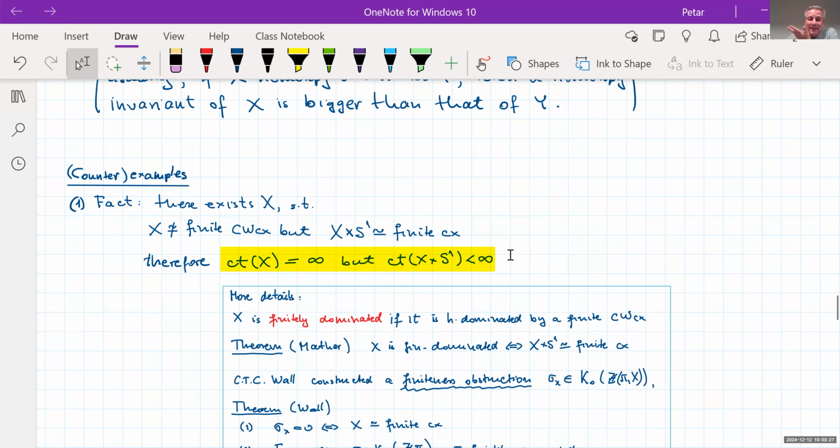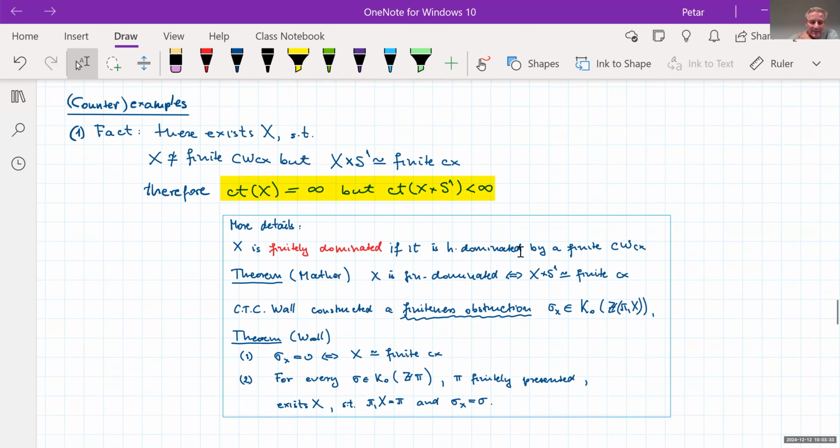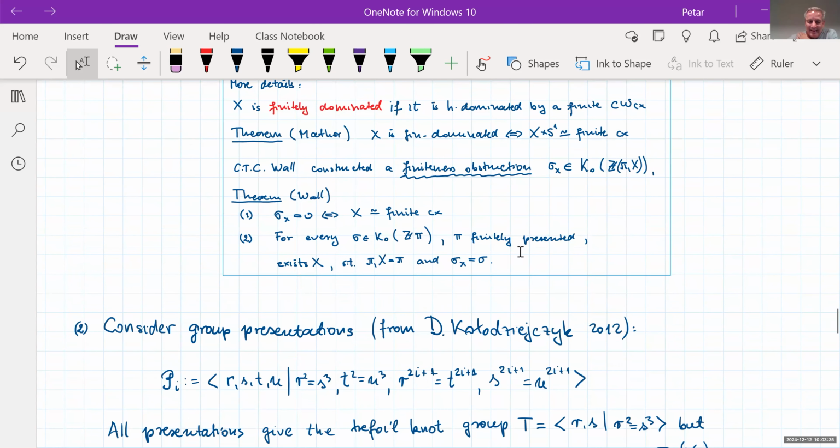You can ask whether something like this can happen for finite complexes. I didn't try with products, but here is an example for wedges. Now, this one is a bit more involved. We can consider this basic family of group presentations, taken from a paper by Danuta Kovačić some 10 years ago.